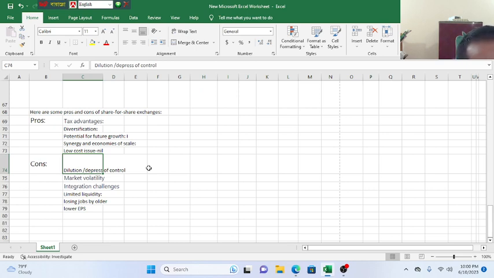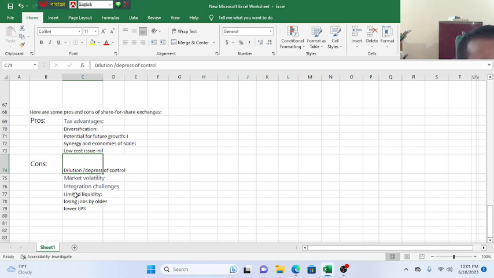Limited liquidity: there is no collection of huge cash because of share exchange. After an IPO or rights issue, cash liquidity will increase, but due to share for share exchange, share swap or stock swap, there will be limited cash.